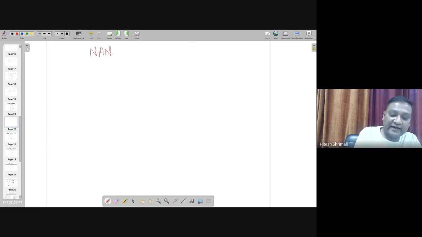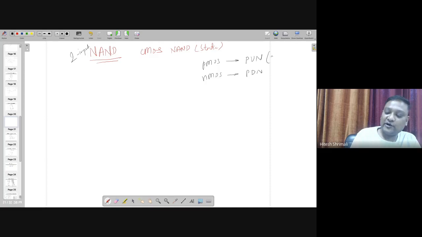If you are making the CMOS NAND gate, which is a static one, as we already know, we make PMOS transistors with the power up network and NMOS transistors with the power down network. As it is a two input NAND gate, you require two PMOS transistors and two NMOS transistors.